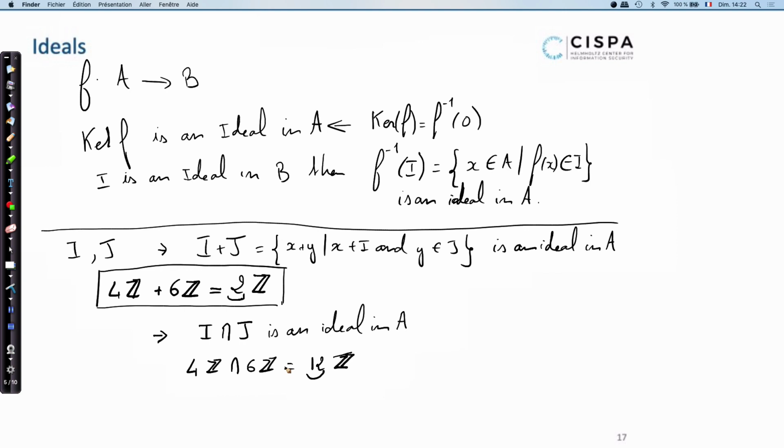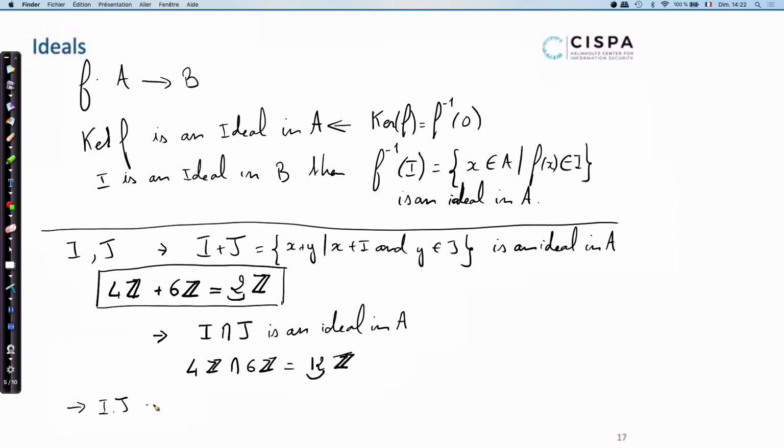Okay. And finally, there is another construction which is slightly more complicated, which is the product of ideals. It is slightly more complicated because if we just take products of elements, we are not going to get an ideal necessarily.